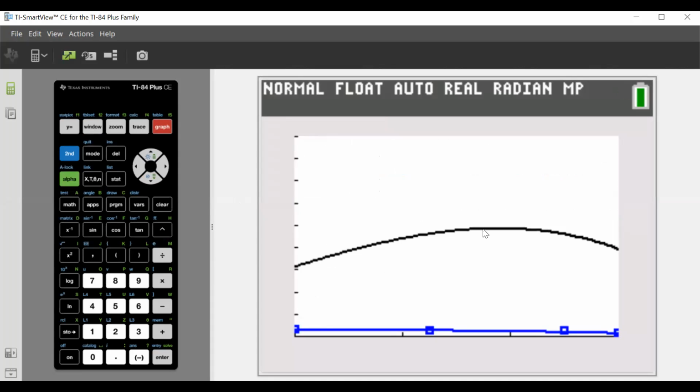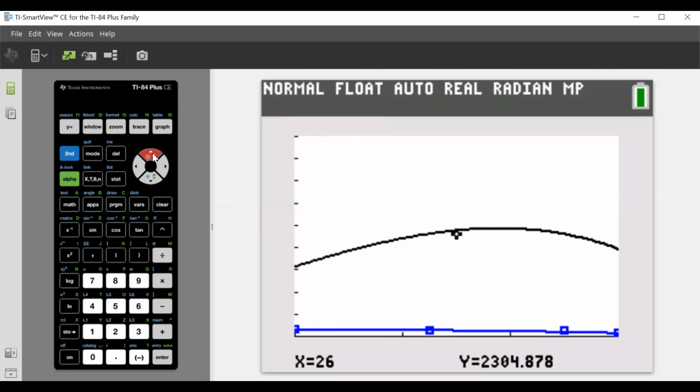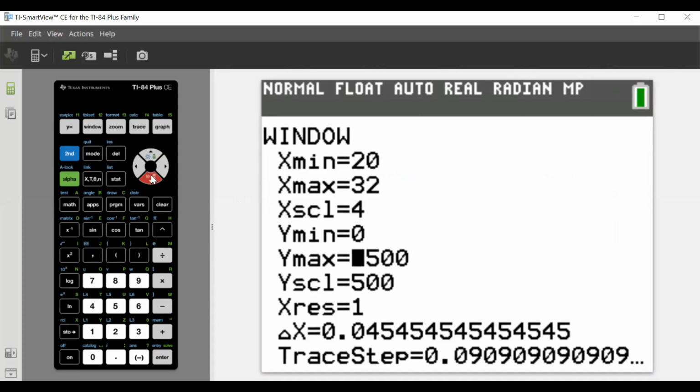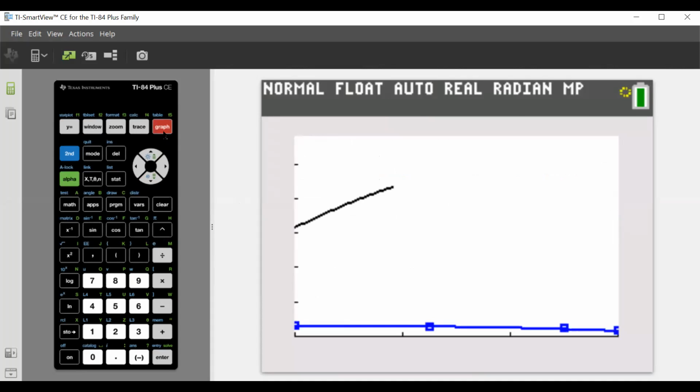Yeah, so let's trace, so we can go up to like less than 3,000. So let's shrink that down to maybe 100. Hopefully that's slow enough. Yeah, there we go.